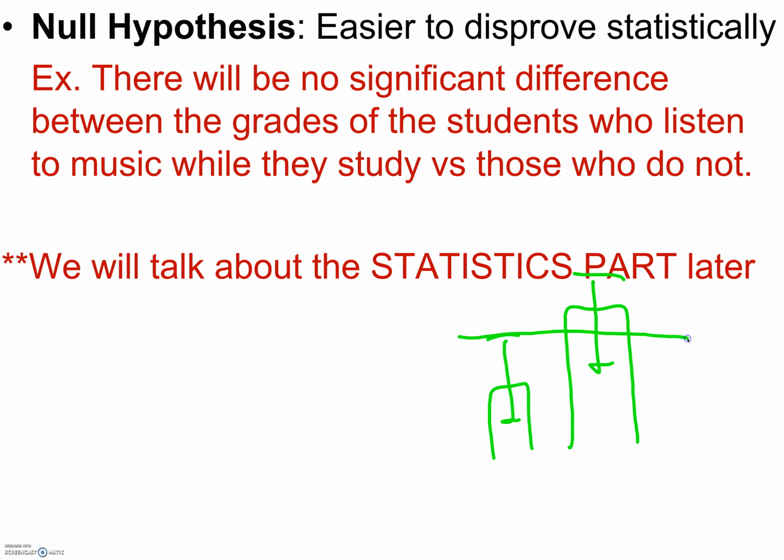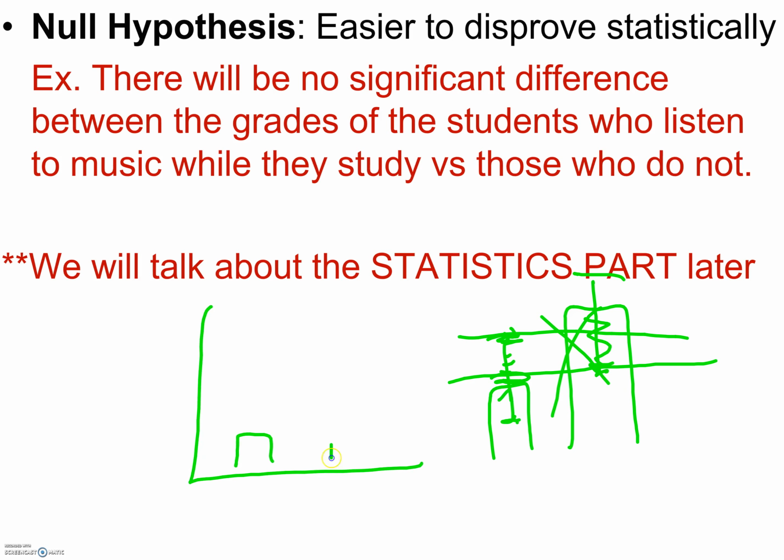If these error bars overlap with each other, we actually would say there's no statistical difference between the two groups, because it actually means that even though this was the average I calculated, the real average lies somewhere in here, which means it could technically be as high as this, and this average could technically be as low as this. So statistically, we would say there's really not a difference, whereas if you had this, and these little teeny tiny error bars, this would be a statistical difference. These little error bars don't overlap with each other.